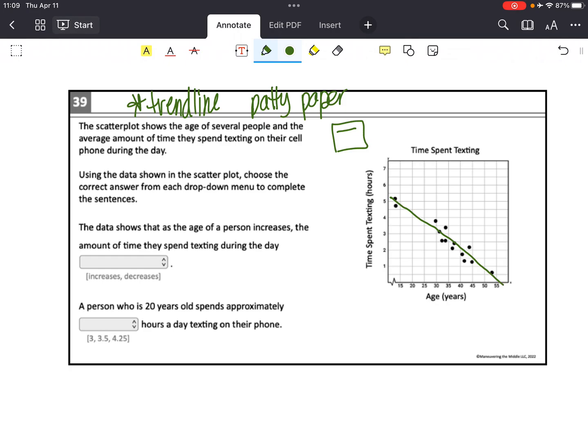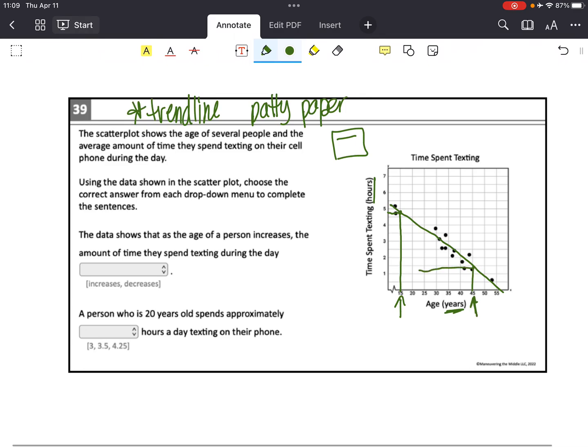The data shows that as the age of a person increases, the amount of time they spend texting during the day, and we'll look at the graph. So a 15-year-old, because this is how many years they are, spends approximately close to 5 hours texting. And then a 45-year-old spends approximately 1.5 hours of texting.